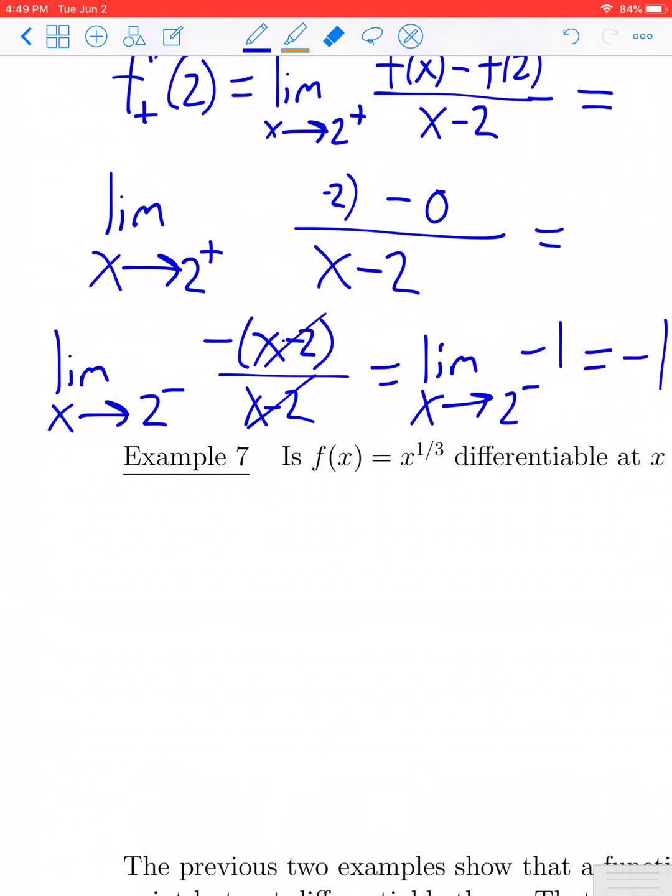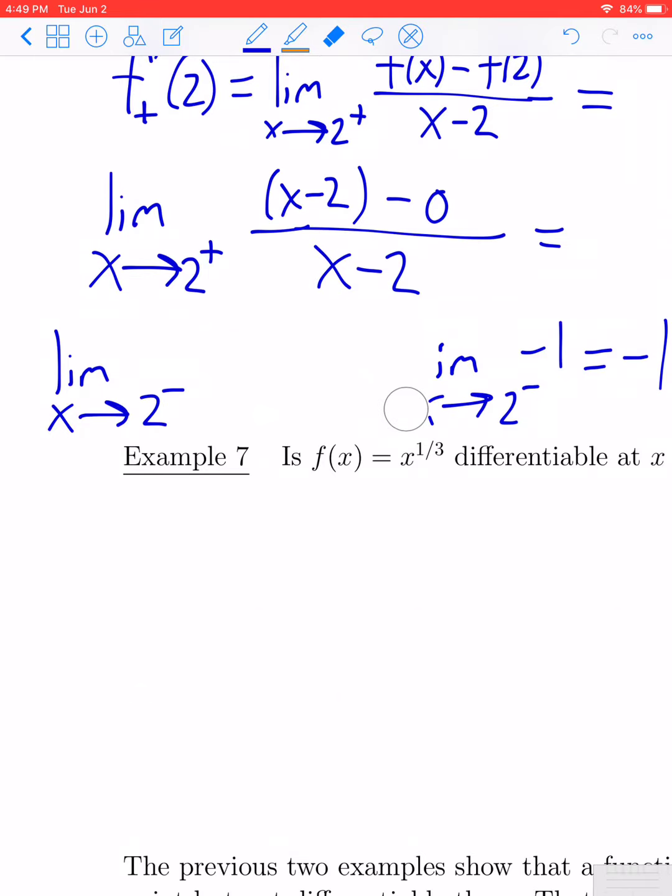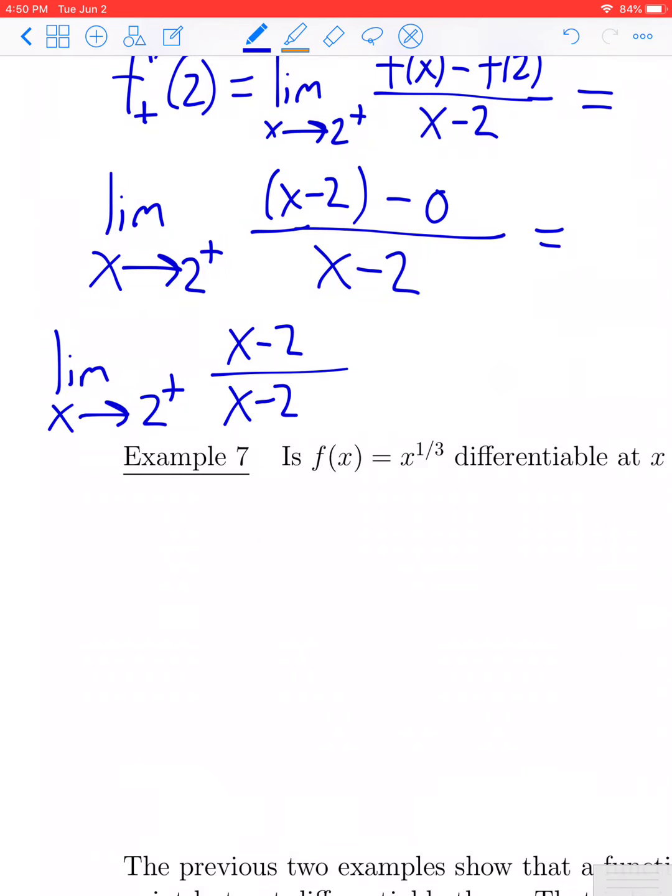So from the right-hand approach, f of x is just going to be x minus 2, which means we get the following. This is the limit as x approaches 2 from the right of x minus 2 divided by x minus 2. These cancel, leaving us with the constant 1. So it's the limit as x approaches 2 from the right of a constant, which is just that constant value of 1.